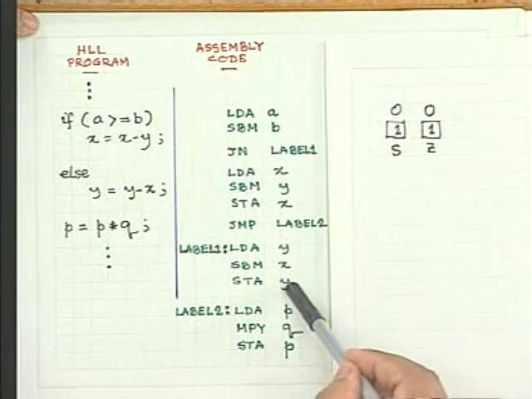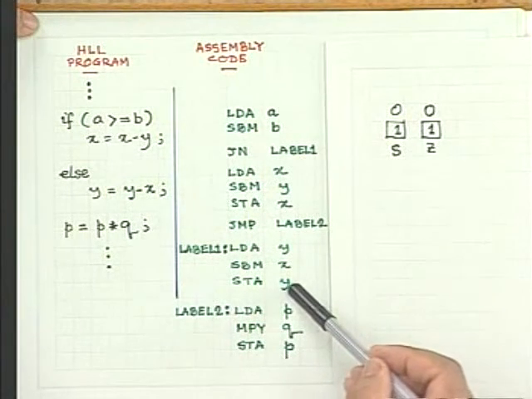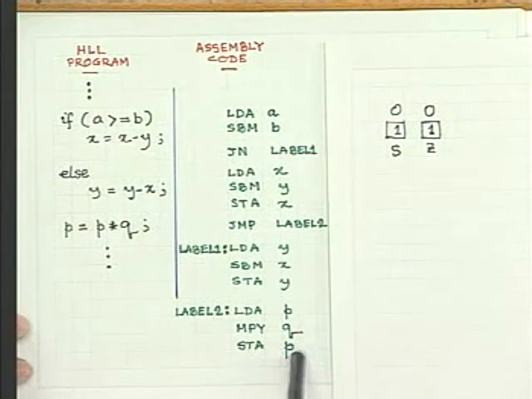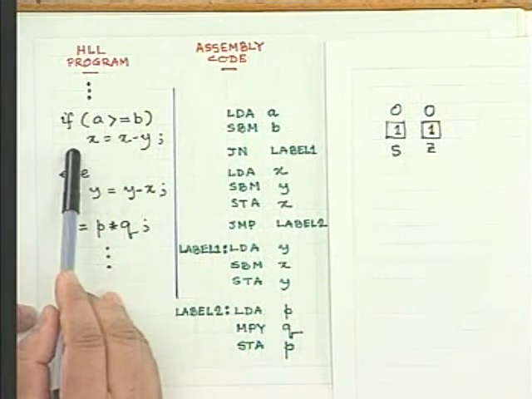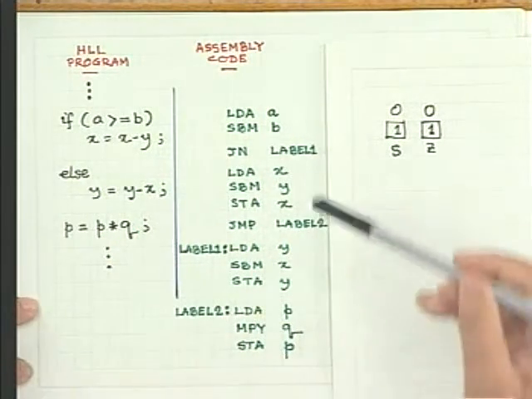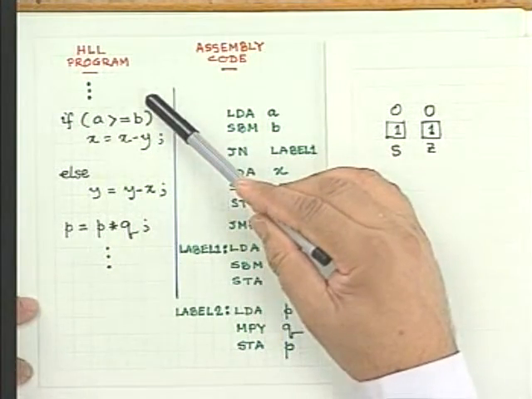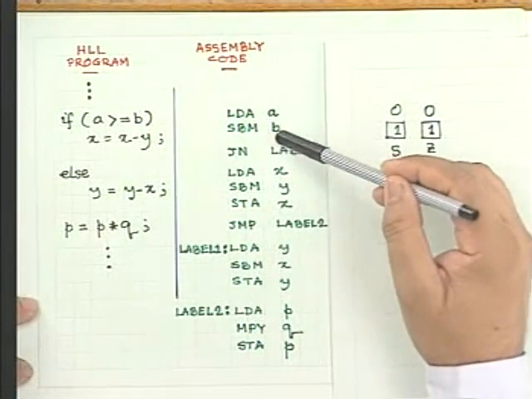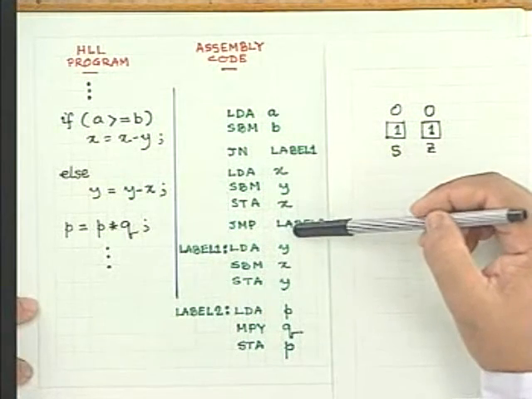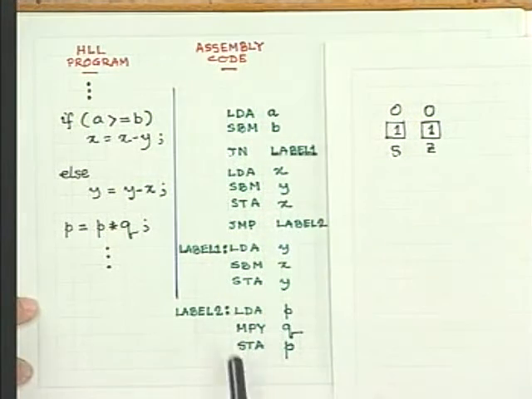This will be executed sequentially, and then automatically the next instruction that will be executed is this one. Therefore, you see that a control construct like if-else can be translated into assembly language code like this by means of conditional or unconditional jump instructions.